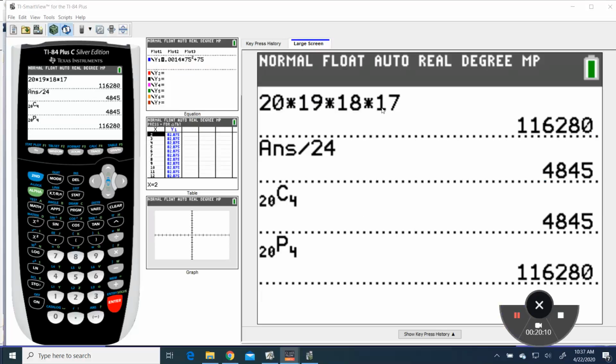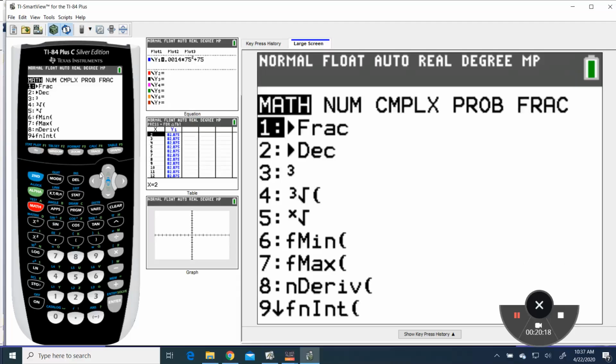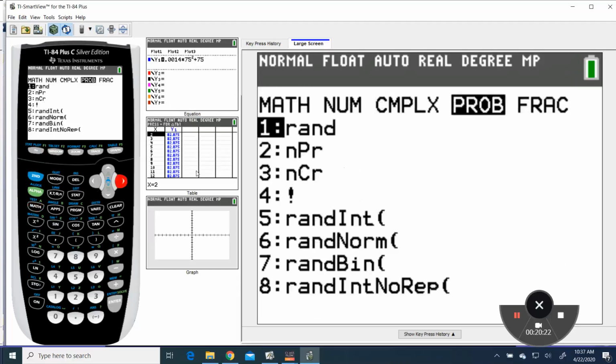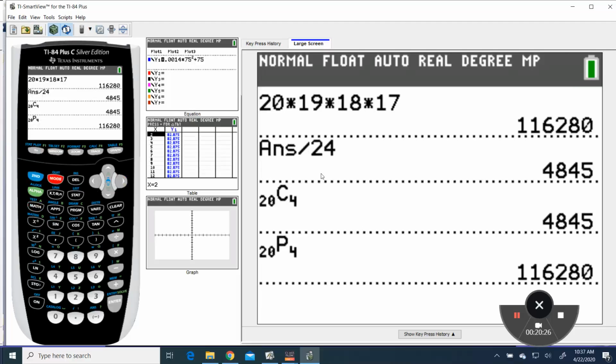So just showing you what your calculator does, 20C4 and 20P4. That was in the math probability part again. So that nPr and nCr give you the same answers as what we did and just do all the work for you.